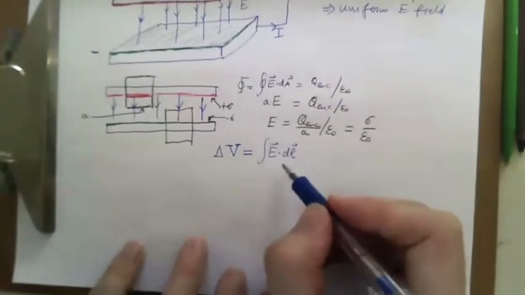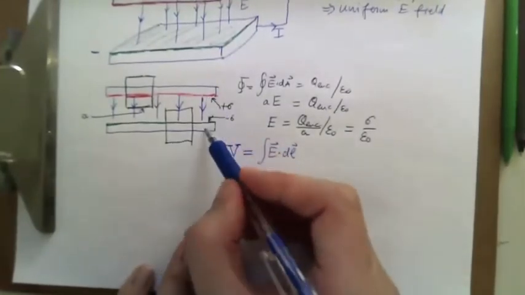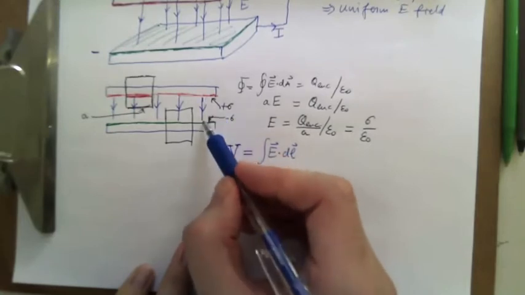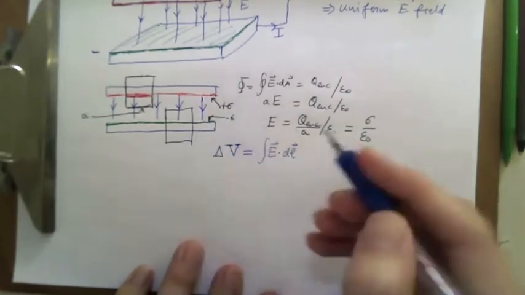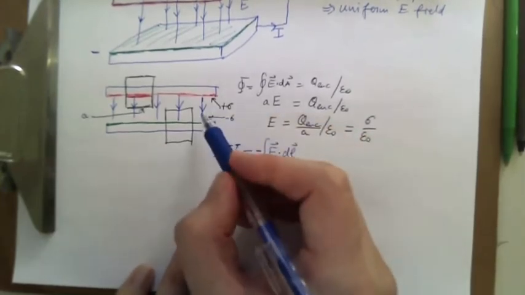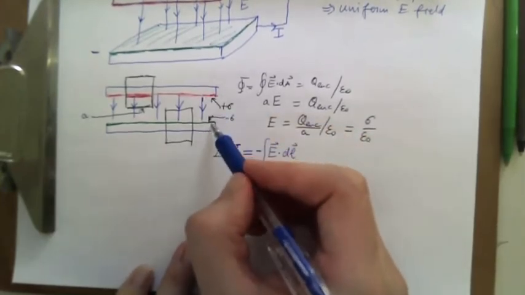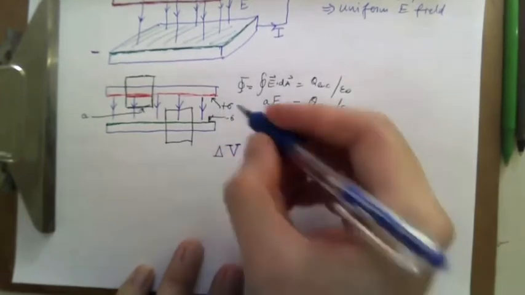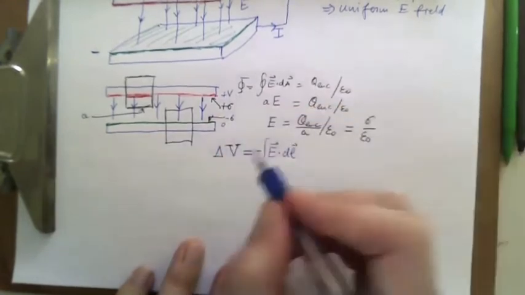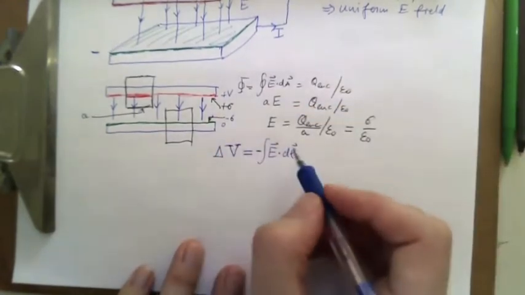In this case, the electric field points in this direction. So the potential is going to increase from here to there. Oh, sorry, minus. It's going to decrease from here to there. So therefore, the potential is going to be higher here. So this is going to be at plus V, and this is going to be at 0, if you want to look at it that way.